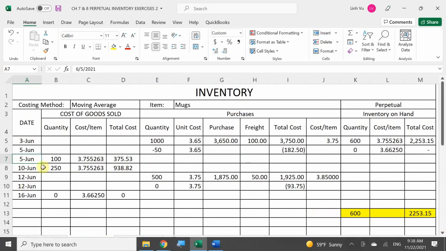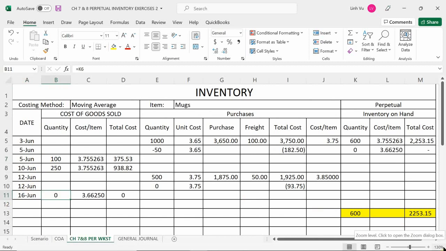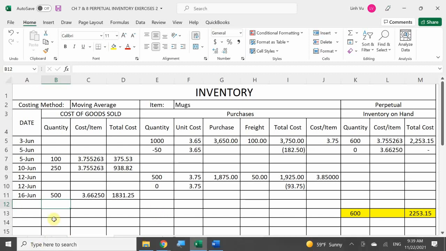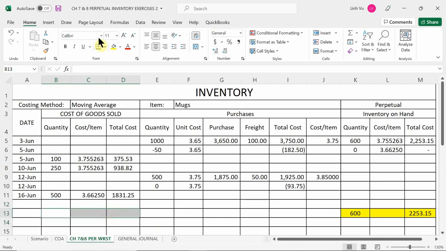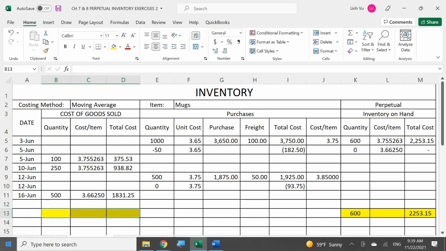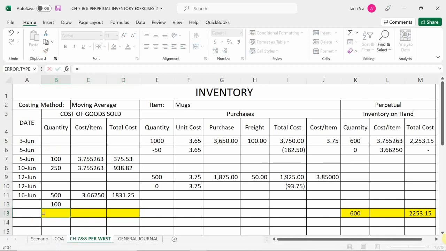However, what else are we going to be doing? So what was it? 500. Okay, so we got rid of the 500. How many more do we need to sell? 100. Yes, right? We have a total of 600 units that we sold. So my cost per item is going to be 375.53.